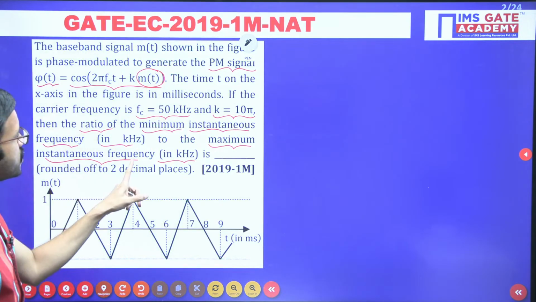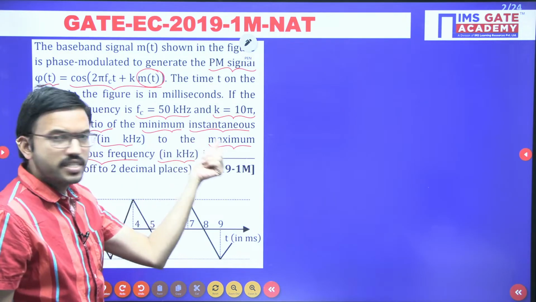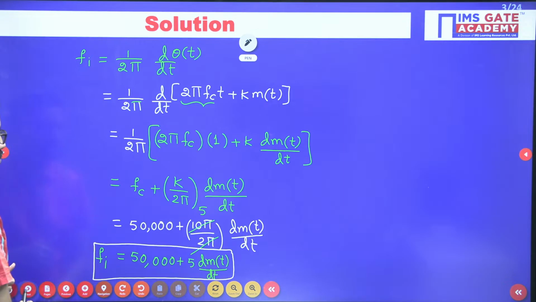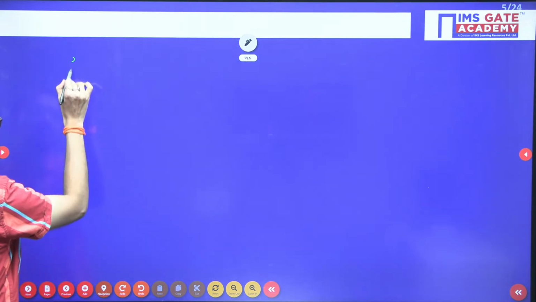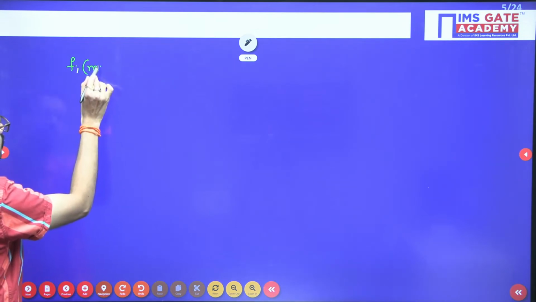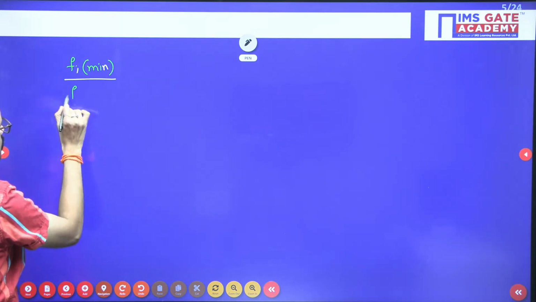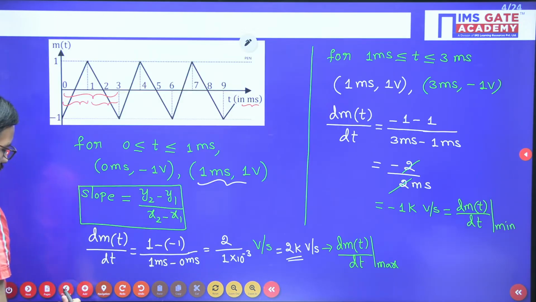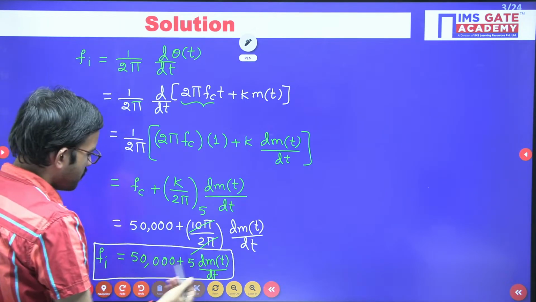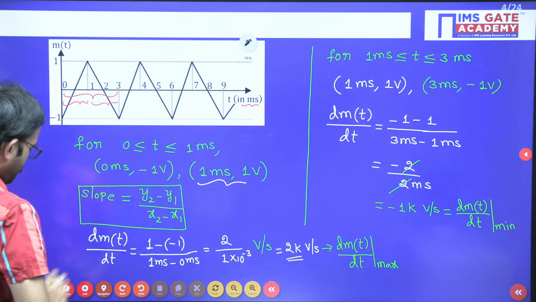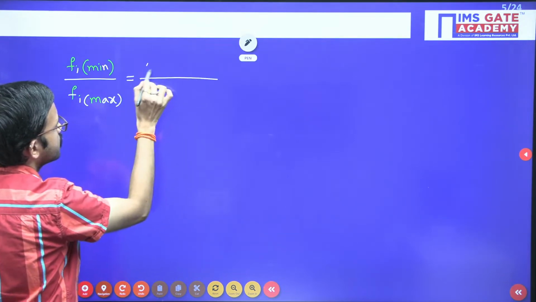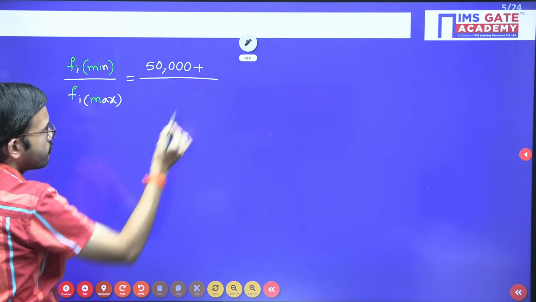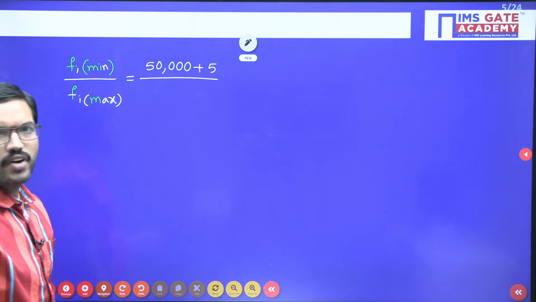So in this particular question, they are asking for the ratio of what? The ratio of the minimum instantaneous frequency to the maximum instantaneous frequency. Whatever equation you have here, I am considering the same equation: 50,000 plus 5 into dm of t by dt.